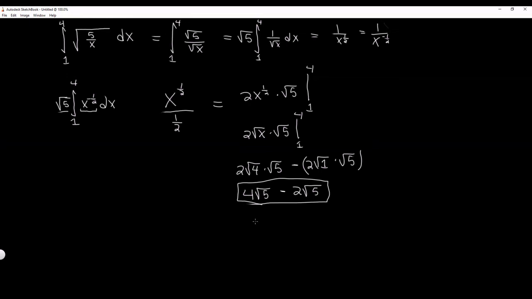So in simplest form, this will be 2 times the square root of 5. If you wanted it a little more simple, you could type that into your calculator and get a number, but since I can't do that in my head, this will be the simplest answer that I can give you. That's the answer to this problem.